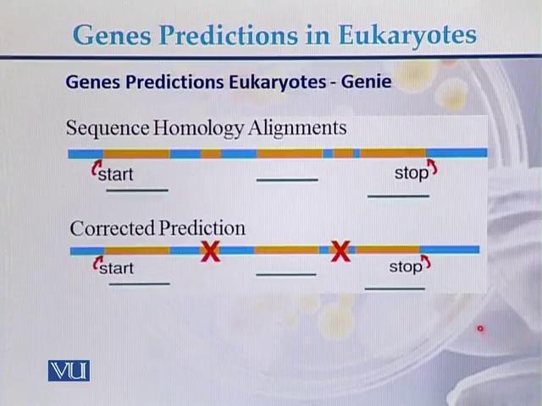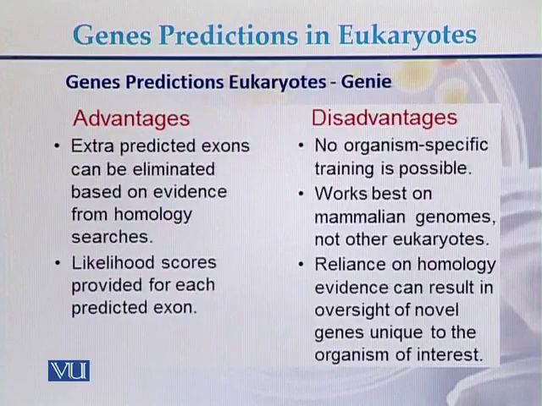But by performing sequence homology alignments, the irrelevant or wrongly identified exons can be eliminated. Here we can see that by sequence homology alignments, the exact exons have been identified. So this tool, called Genie, is used for gene predictions in eukaryotes.